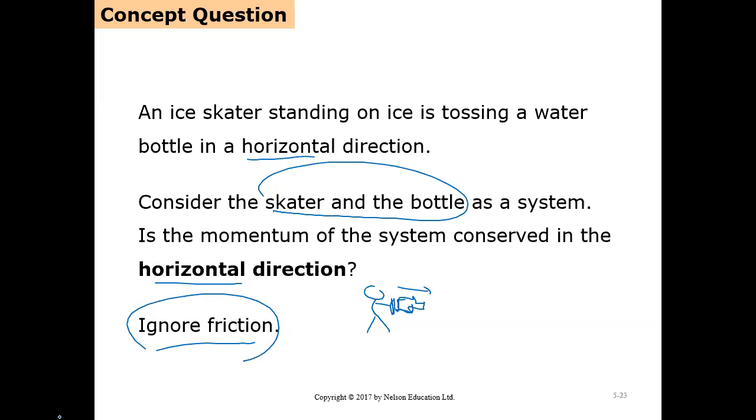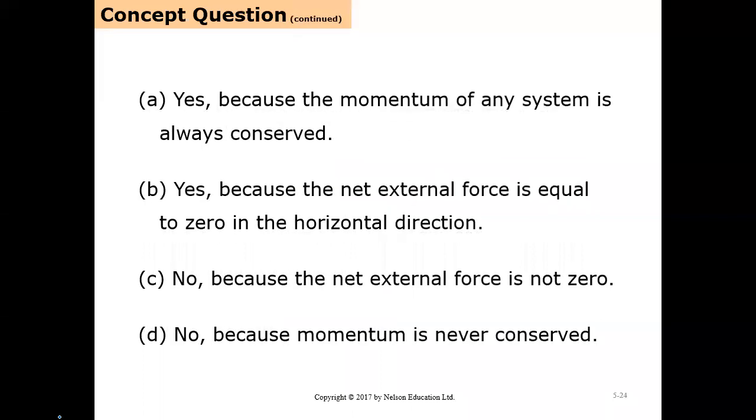So the total momentum of the system is conserved in all directions. So the answer is yes, because the net force is equal to 0 in the horizontal direction. That's why it is conserved. The other explanations are not correct.